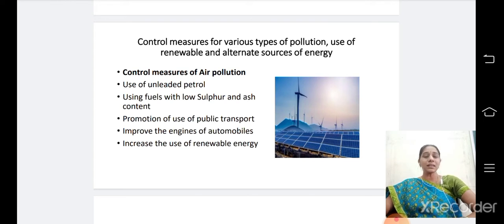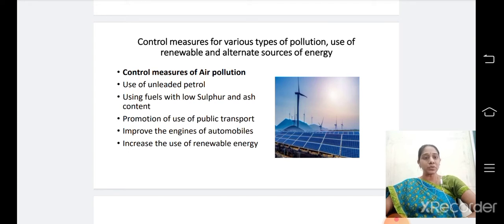We are seeing automobiles and vehicles everywhere; because of these fuels we are getting many unwanted gases into the environment. This may lead to acid rains, so many types of problems in the environment.